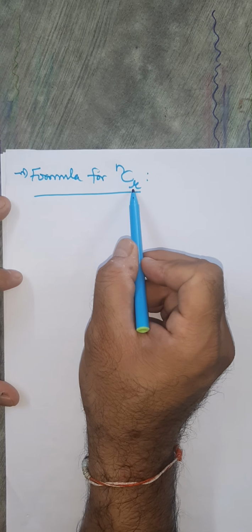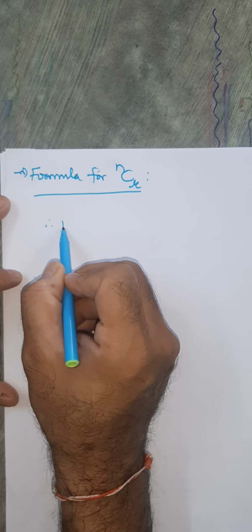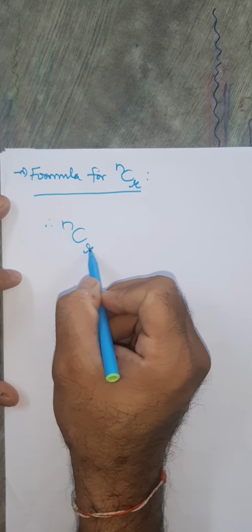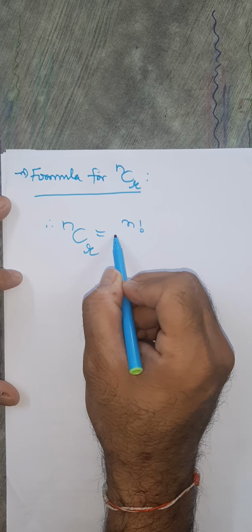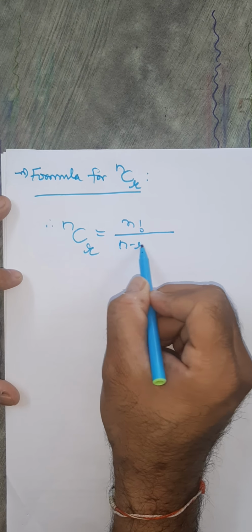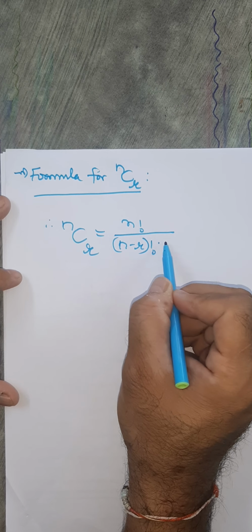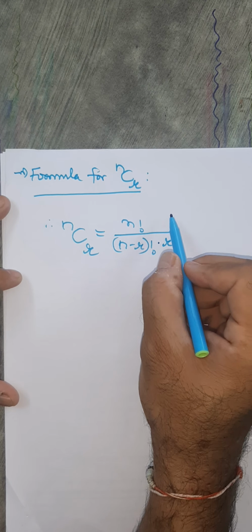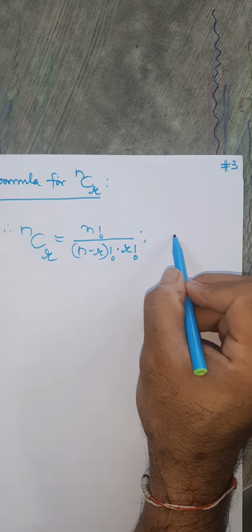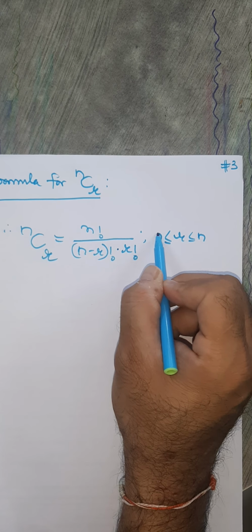The total number of combinations of n objects taking r at a time, and this can be derived from nPr only. So that's given by n factorial upon n minus r factorial, which is the formula of nPr, upon r factorial. So in the denominator you have r factorial, remember, where r is always less than or equal to n and greater than or equal to 0.